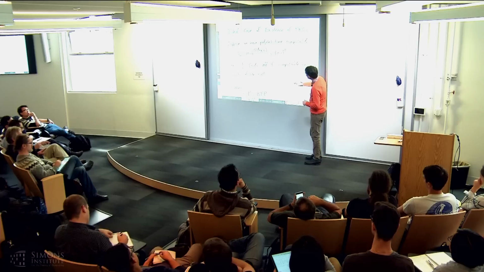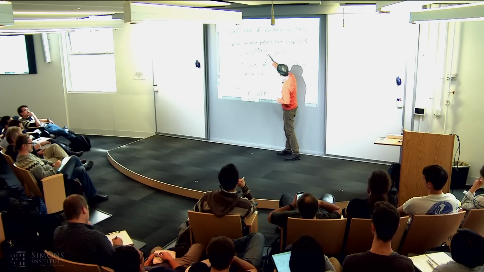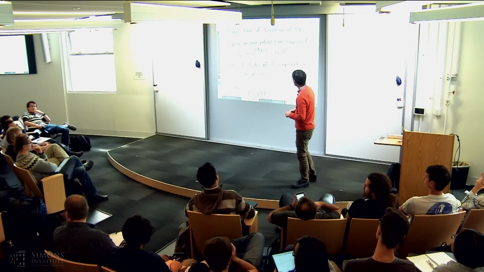So if we were able to get generators with this kind of property, polynomial time computability, exponential stretch, and the ability to fool all, say, fixed polynomial tests, then we would have a number of consequences. But first, let me ask: is this slightly stronger than, say, being able to fool all programs of descriptive complexity log star n and runtime at most n squared or something?